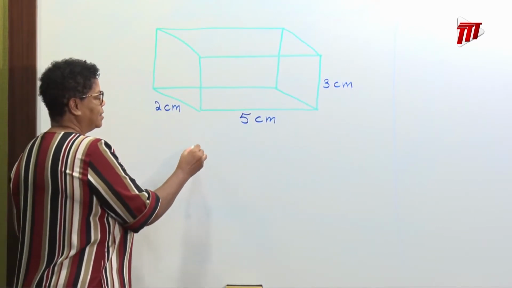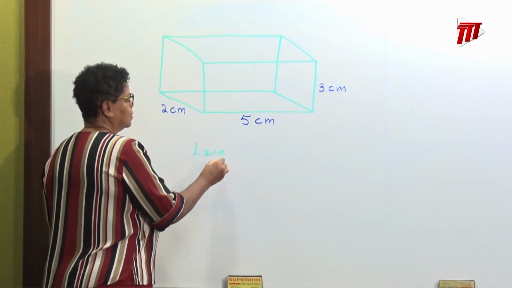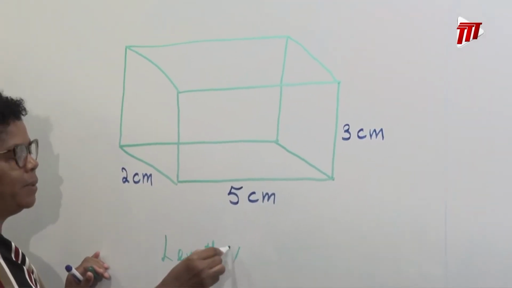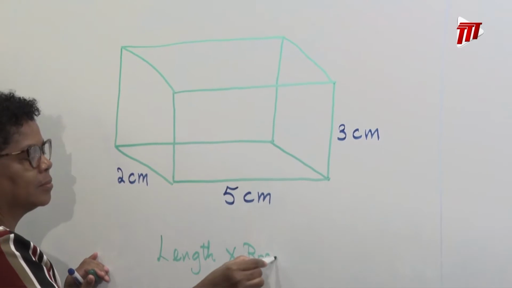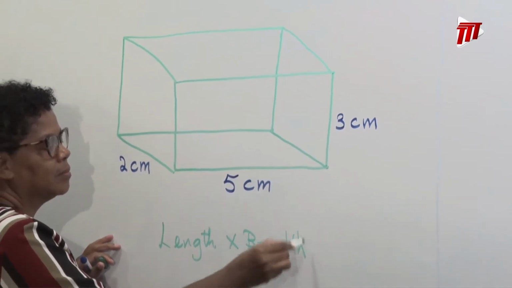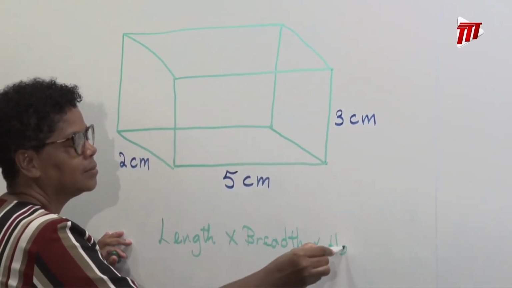So we have the length multiplied by the breadth multiplied by the height.